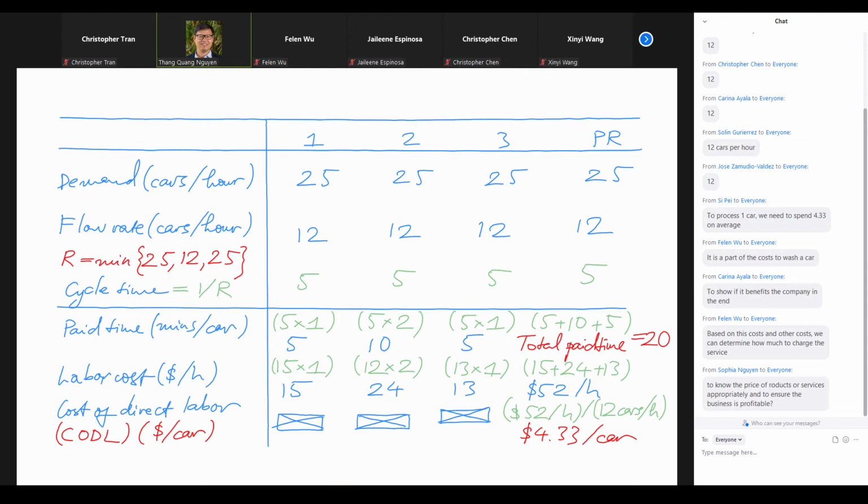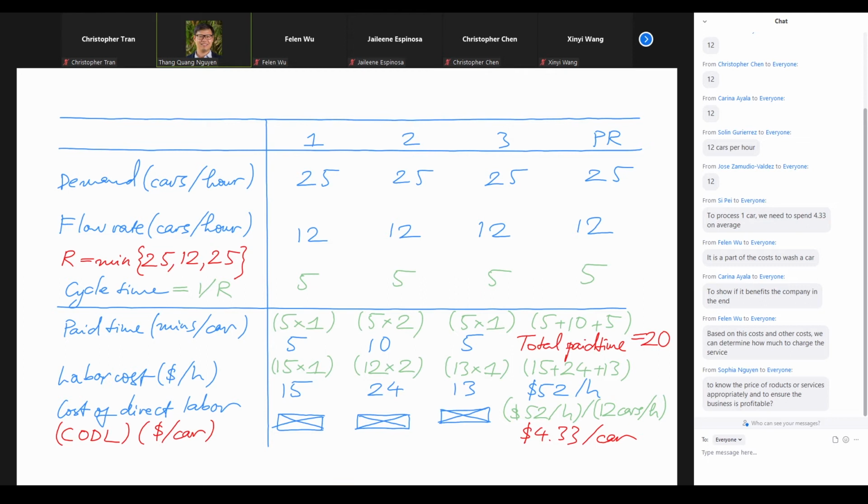Then the cost of materials like chemicals, cloth and other materials to wash the cars, right? And on top of that, we have the utility costs like electricity, gas, water, right? So all of those will add up to the cost of operations per car.